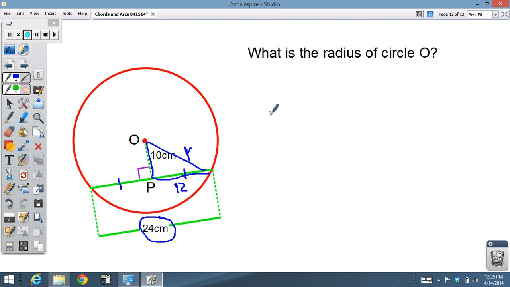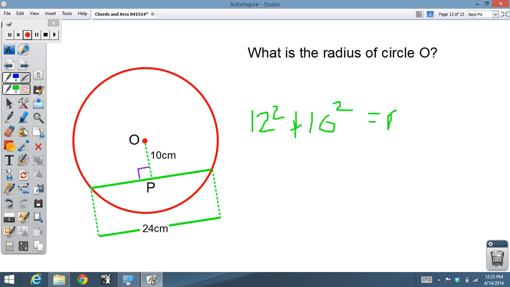We can find the hypotenuse, or the radius. 12 squared plus 10 squared equals r squared.